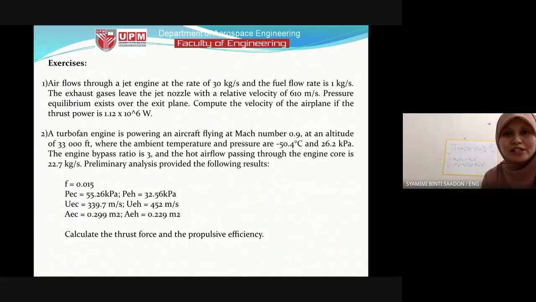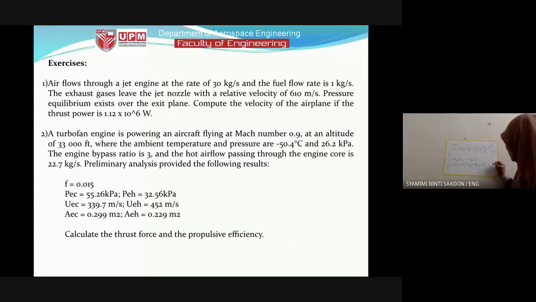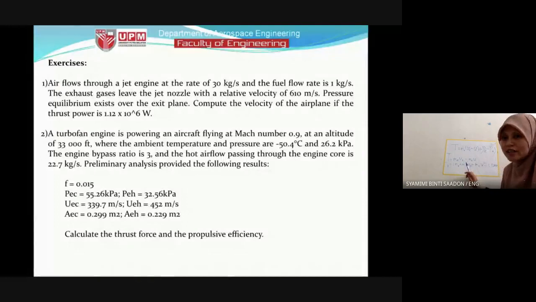Here we have the parameter u that we are going to search for. The question: calculate the velocity of the airplane, which is u, if the thrust power is 1.12 megawatt. So we know the value of MA, which is 30, the fuel mass flow is 1, UE is 610, and u we don't know.